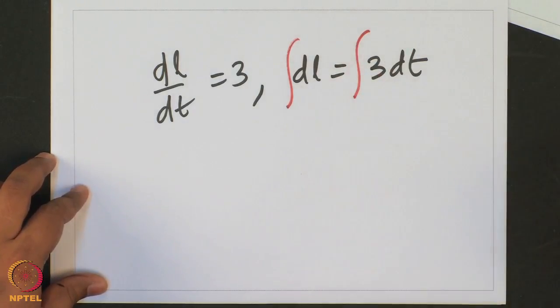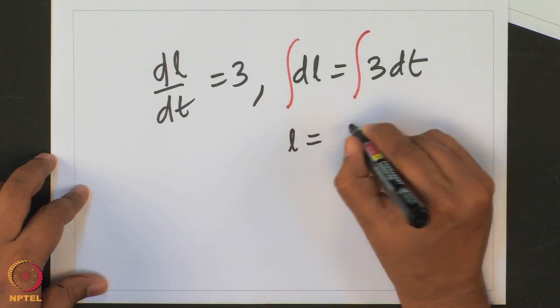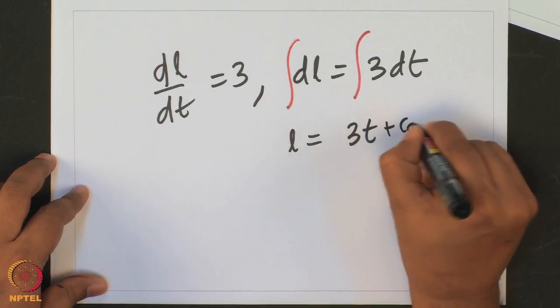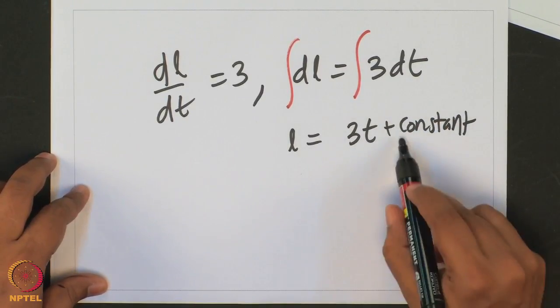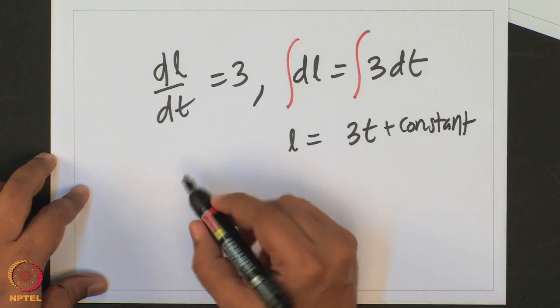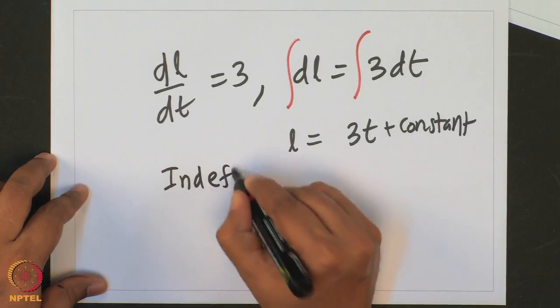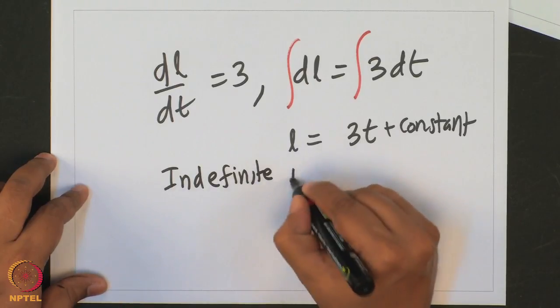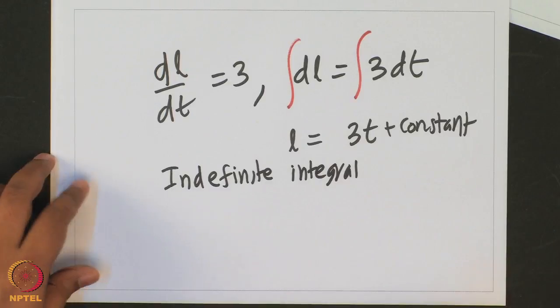There was no number. We just wrote this as L and this as 3t plus a constant. This is called an indefinite integral. Here the constant could be any number.